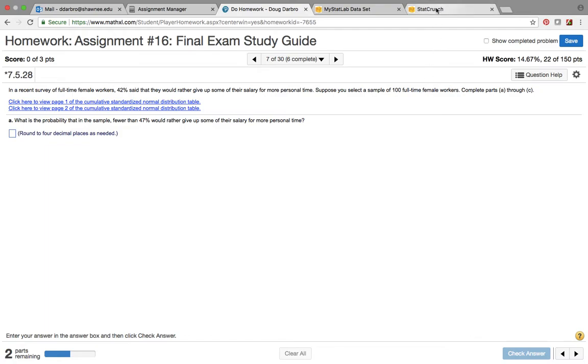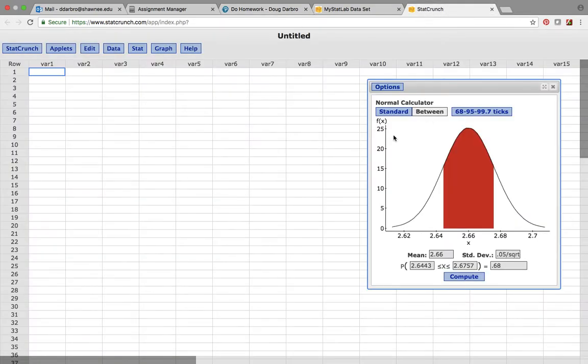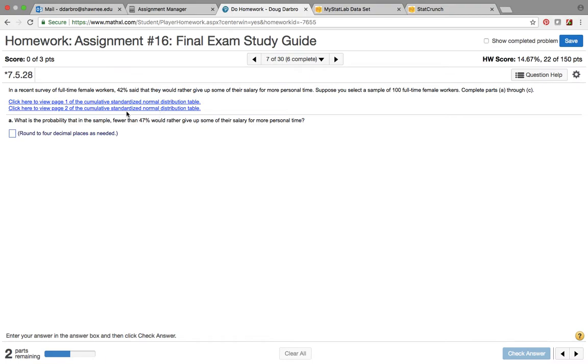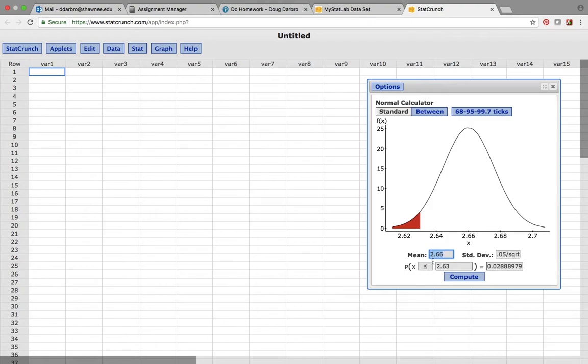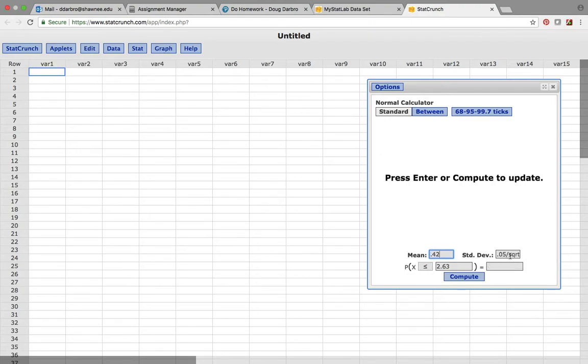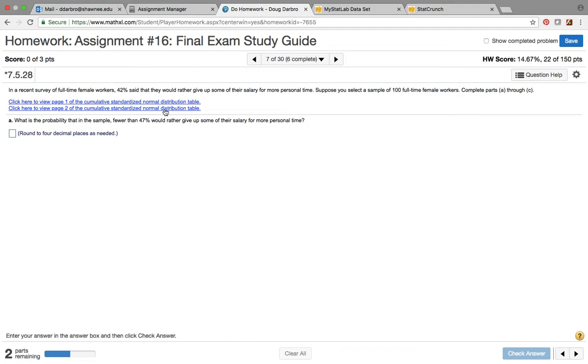Okay, well guys, this is an easy problem. So we go to standard. So the mean is the p-value. The p, so we said that 42%, so 0.42. The standard deviation will be the square root of 0.42 times 1 minus 0.42, which is 0.58, divided by the sample size, which I forgot.